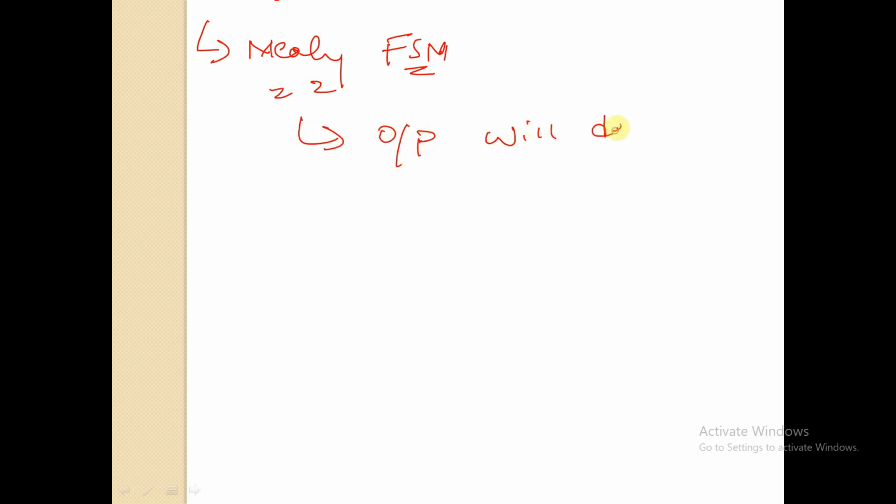You are all familiar with Moore and Mealy FSMs, so I will give just a brief intro. In case of Mealy FSMs, the output will depend on the input as well as the present state.